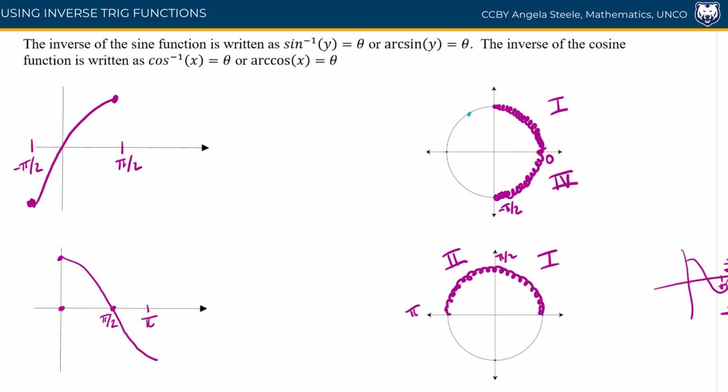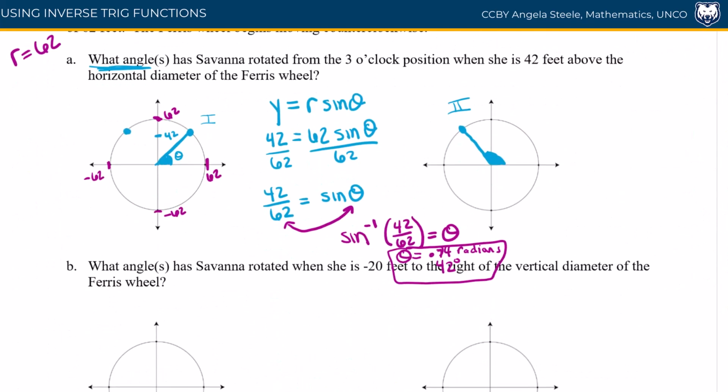We talked about reference angles in a previous worksheet. So what I'm going to do is draw the previous angle that we were given right here. I'm going to use degrees when I explain this because degrees are more familiar to students. We know this was 42 degrees right here. By symmetry, that means that this angle right here must also be 42 degrees. Remember, we want this blue angle that is showing up right here, from our 3 o'clock position all the way to this blue line.